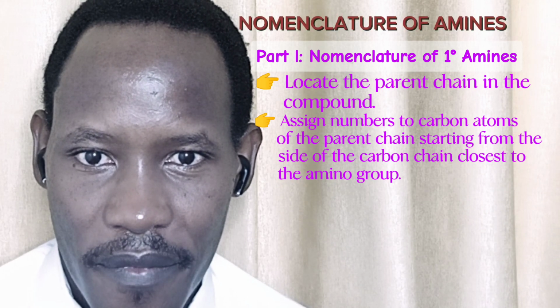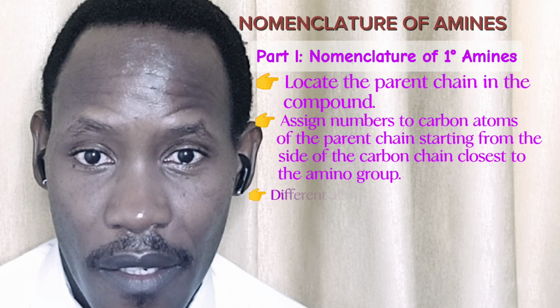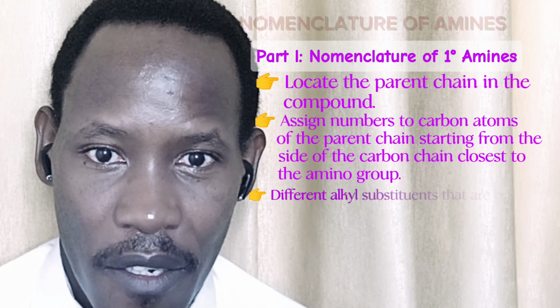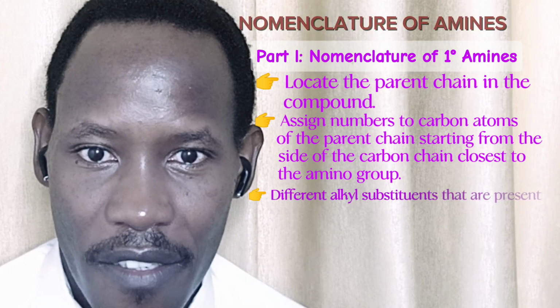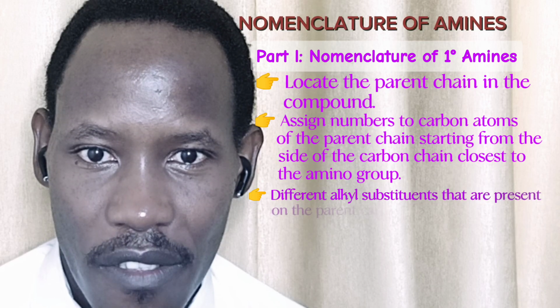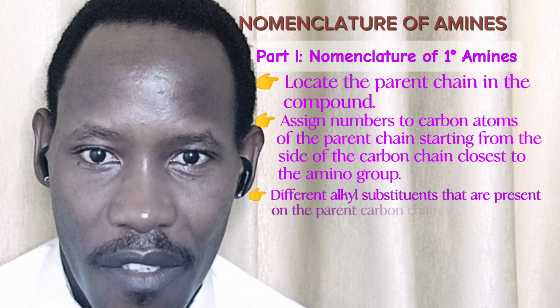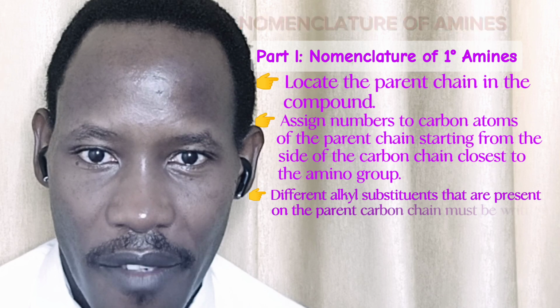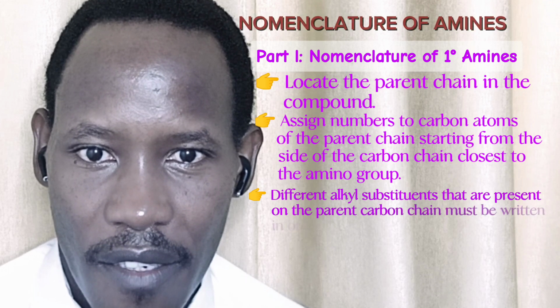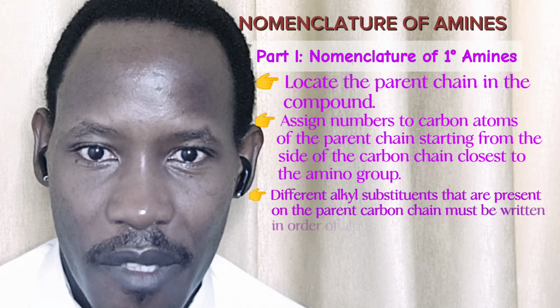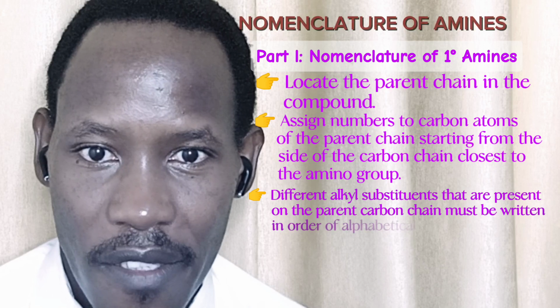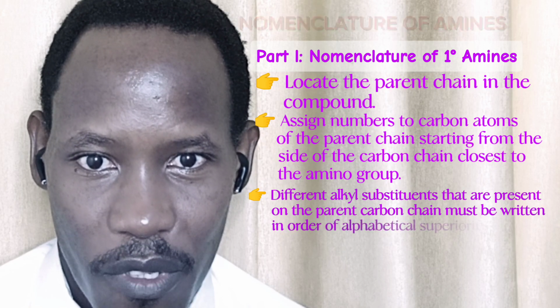Guideline number 3 is that if you are having more than one different alkyl substituents on the carbon chain of the amine, then such alkyl substituents must be written based on their alphabetical order.